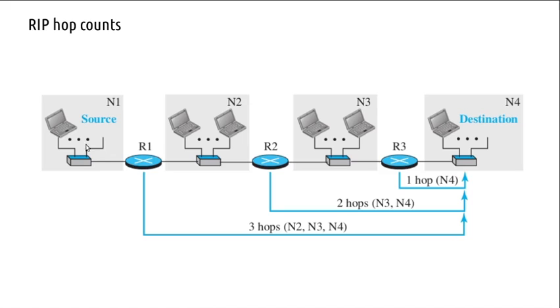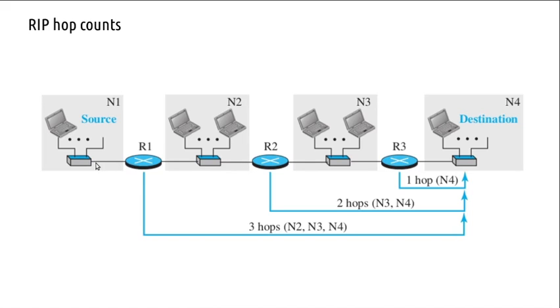One thing to note here is that say R1 to R2, you say one hop, that is through this network, then 2 hops and 3 hops. So to reach network 4, N4, from N1 you require 3 hops. Similarly from N2 to N4 you require 1 hop. You don't count this hop, you don't consider this connection.